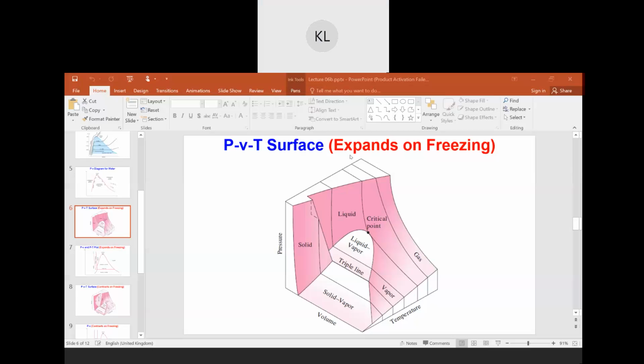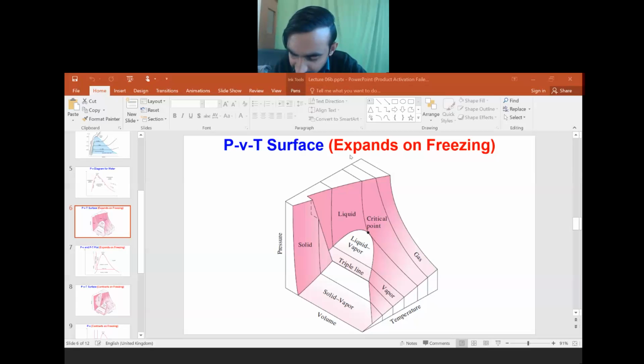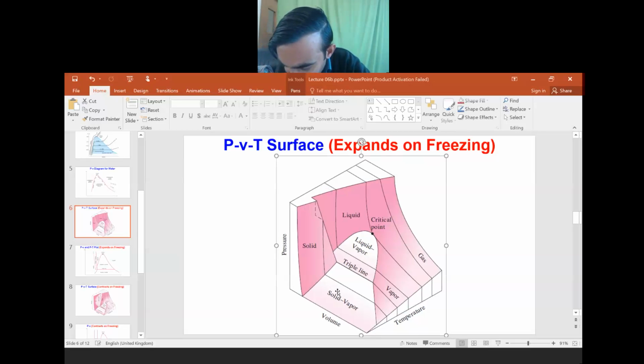So if you see in this presentation, I have shown a PVT surface, and particularly below this triple point line, I have a mixture of solid and vapor. If you follow above the triple point line, we have nothing but a mixture of liquid and vapor.